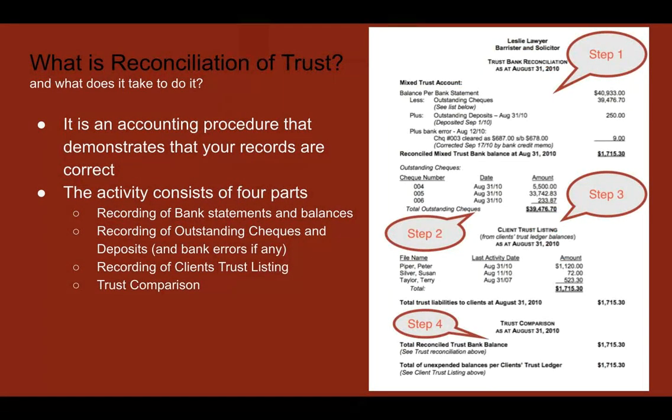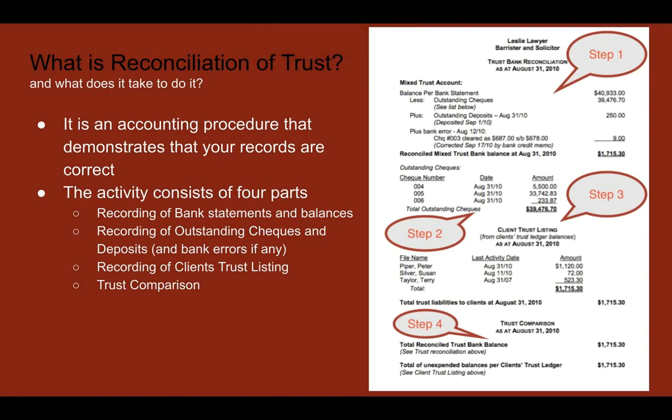before I go in here, let me walk you through the actual reconciliation process other than the steps. As you can see here on the right-hand side, I have a little snippet of a trust bank reconciliation. How does it work? On step one, there is one thing you have to remember, which is to note down the balance as per the bank statement, which goes on the top.